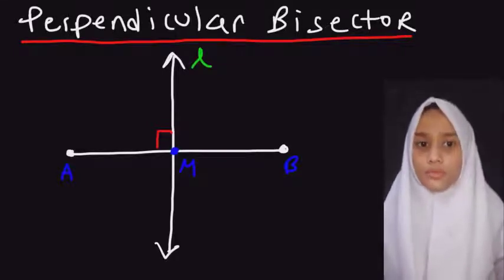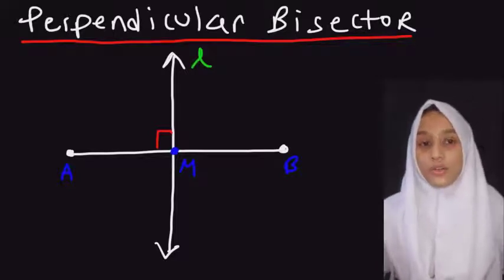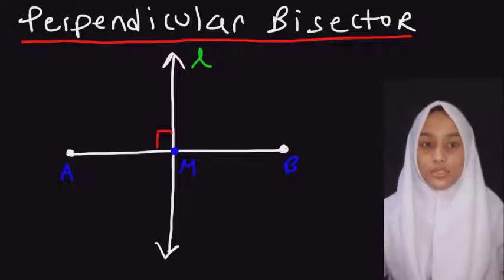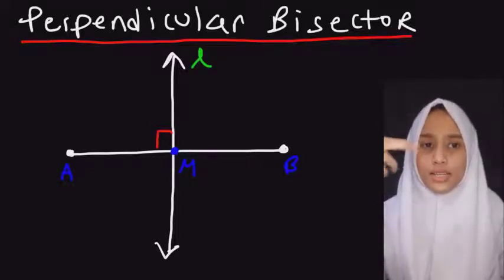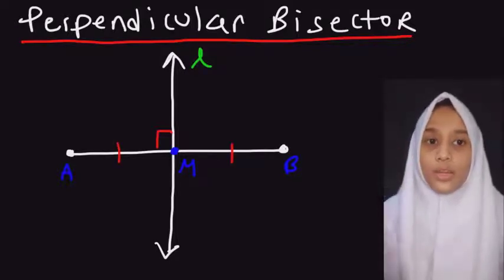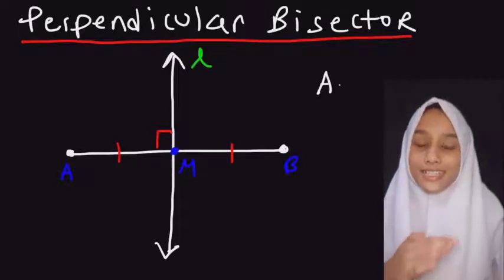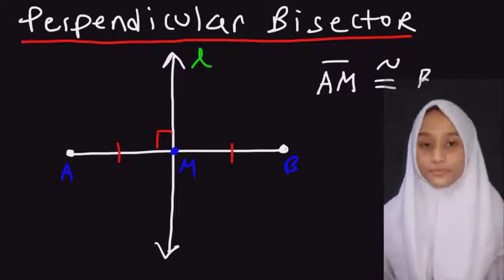M is the midpoint of segment AB. So, a perpendicular bisector forms right angles with the segment that it intersects, and at the same time it also bisects the segment into two parts. So when dealing with a perpendicular bisector, you can say things like segment AM is congruent to segment BM.